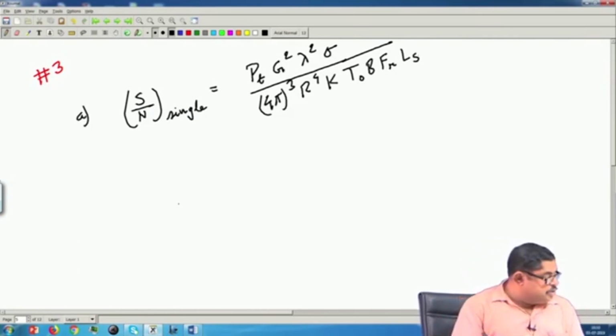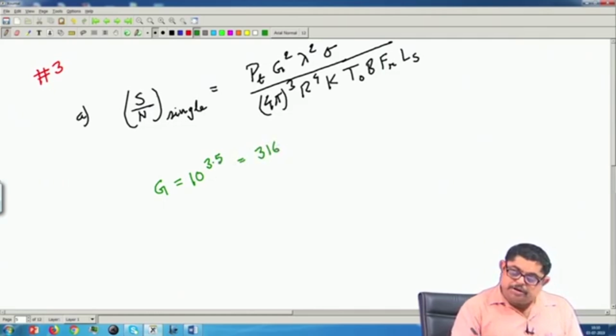So, now you will have to put all those values. What are the given values? G is given as 35 dB, that means 10 to the power 3.5. So, that will turn out to be 3162.28.